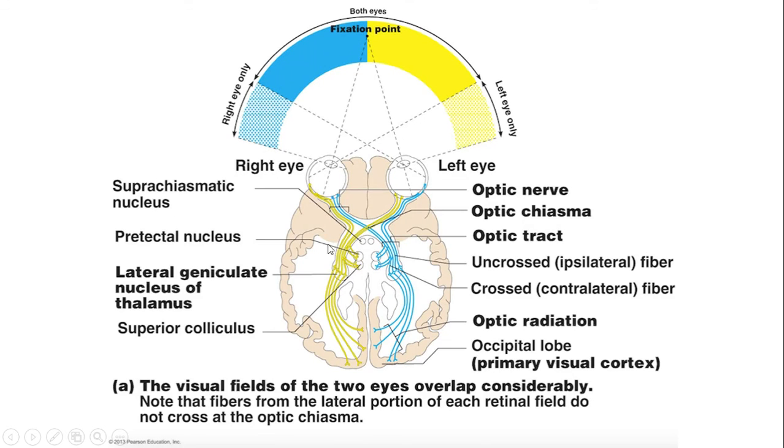So we can see that, for example, here, not all fibers are sent to the primary visual cortex. Some are sent to, for example, the superior colliculus here in the midbrain.